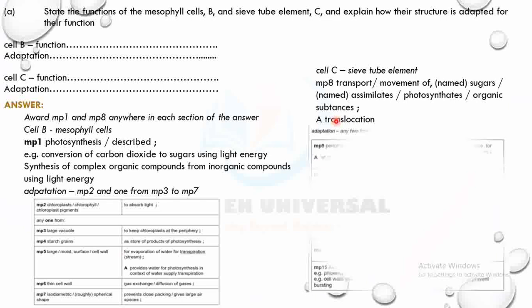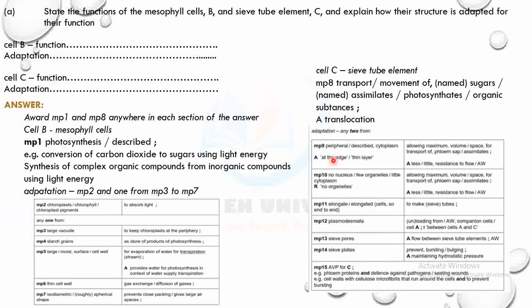It has a thin layer of peripheral cytoplasm at the edge, which allows maximum volume space for transport, with little resistance. No nucleus and few organelles also allows maximum volume and less resistance. It is elongated to make the sieve tube element.